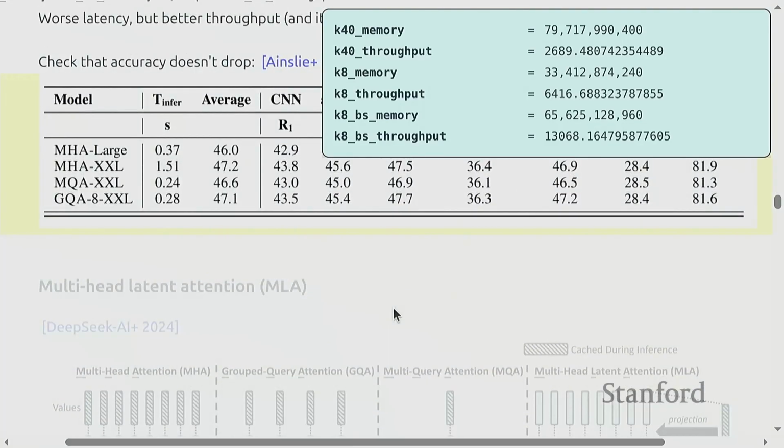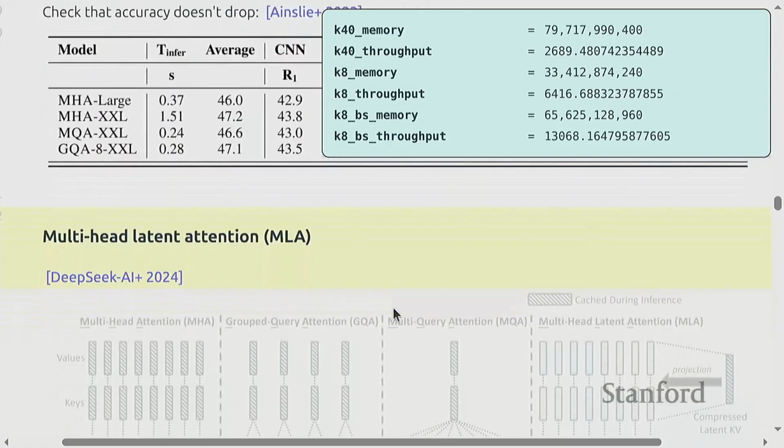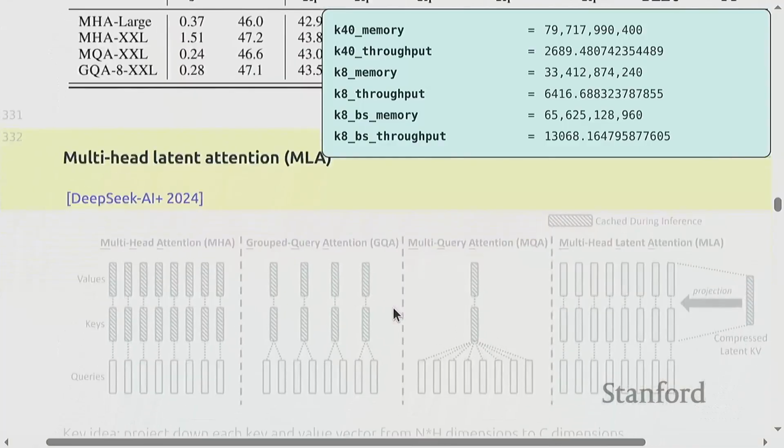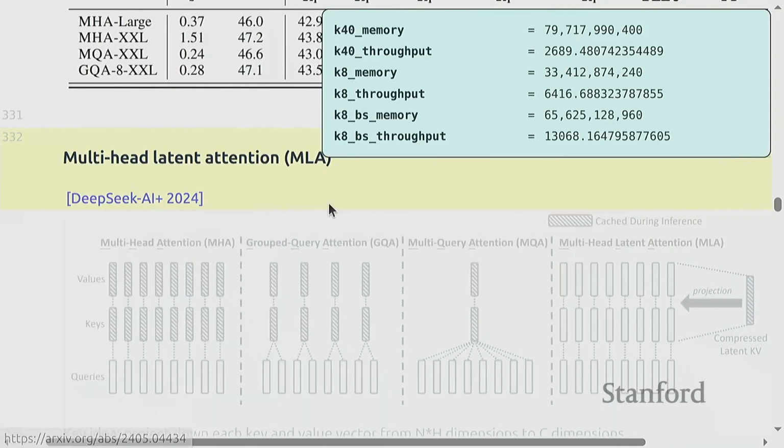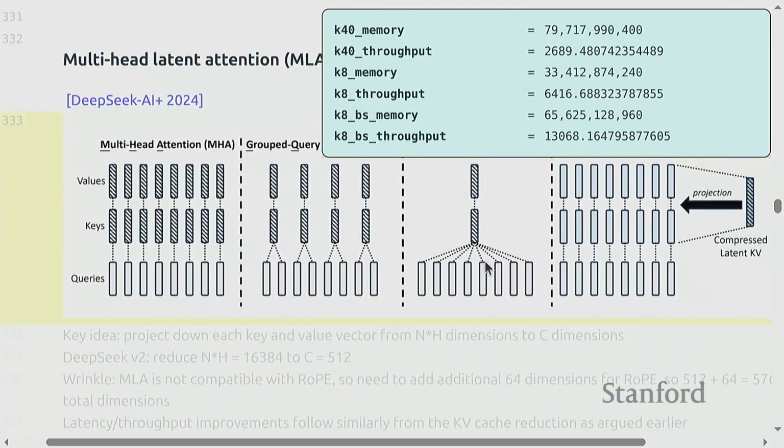Okay, so that's GQA. There's another way to reduce the key value cache, and this comes from DeepSeek. This is from the DeepSeek V2 paper, and it's called multi-head latent attention, which Tatsu lectured about previously, but I'll try to talk about it in the context of inference and its implications.